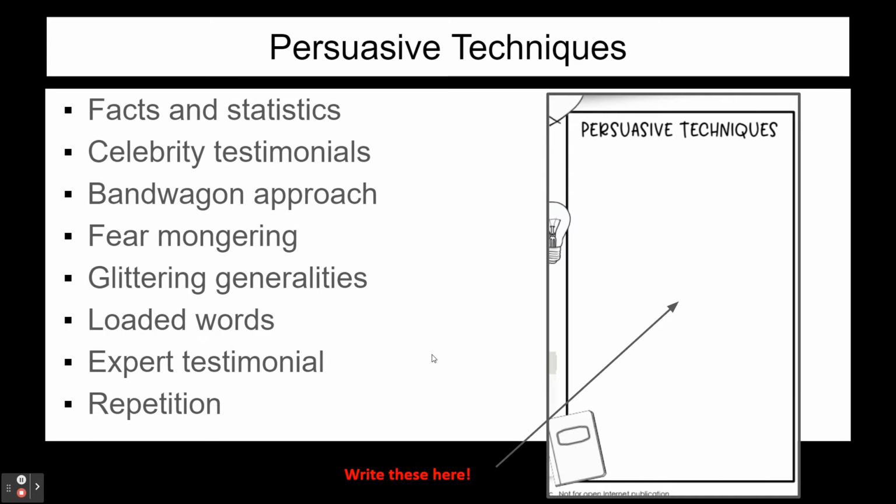You need to make sure you get it on your note page. Facts and statistics, celebrity testimonials, bandwagon approach, fear-mongering, glittering generalities, loaded words, expert testimonial, and repetition. I'm going to tell you what these things are as well. You will need to write that down as well.